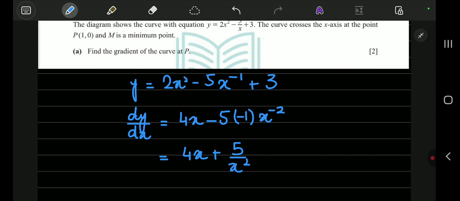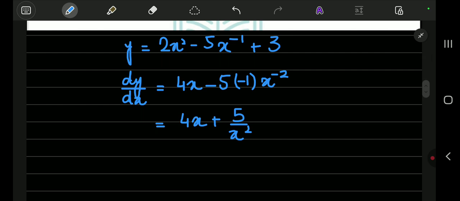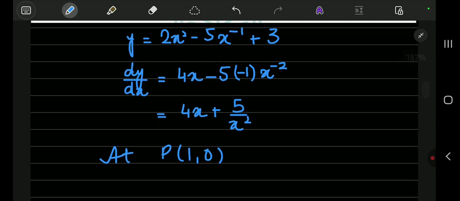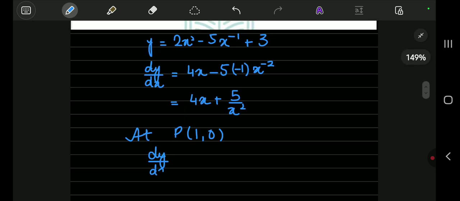Now this is the general equation for the gradient of the tangent at any point of the equation that is given to you. But to find the gradient at point P, we need to substitute x equals 1, that is the x coordinate of point P. So at P, dy by dx will be 4 times 1 minus 5 over 1 squared.